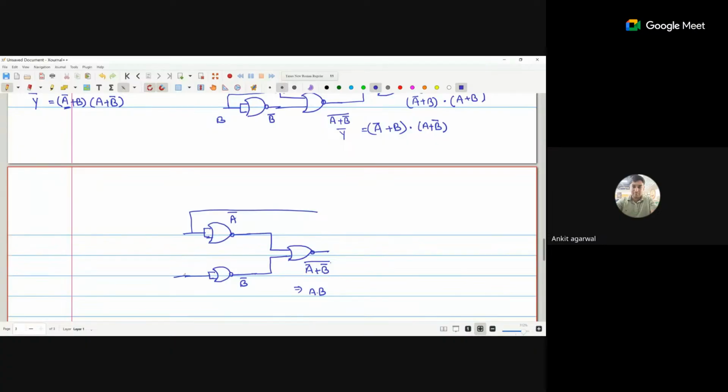So this one uses NOR gate. So we are getting A plus B whole bar, that is A bar dot B bar.